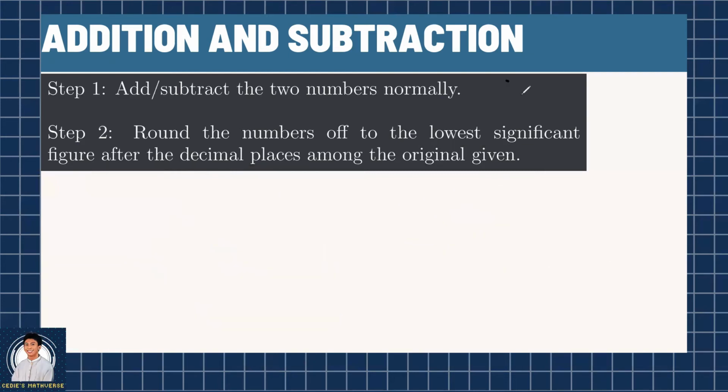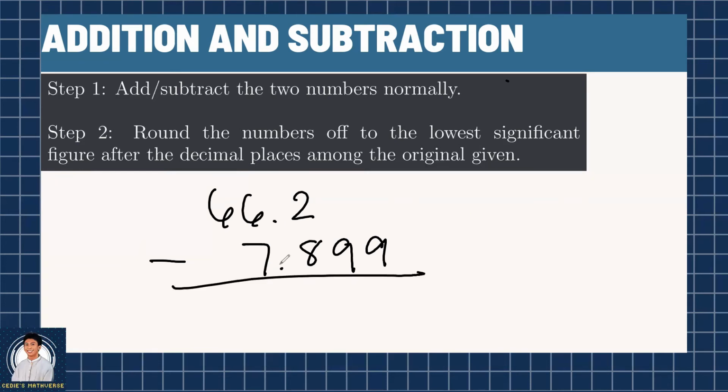Now, let us try subtracting. 66.2 minus 7.899. Okay? Step 1, subtract as it is. So we have 58.301.